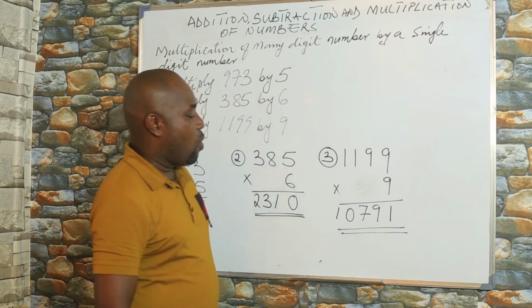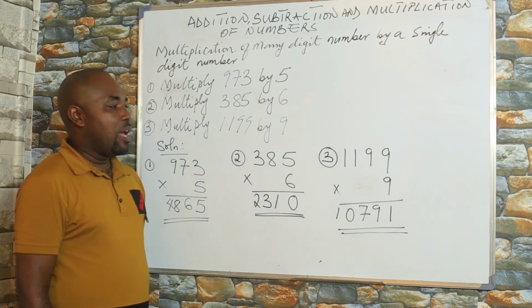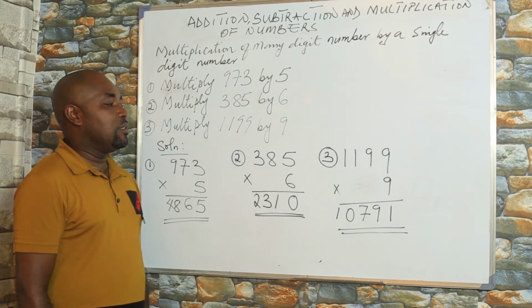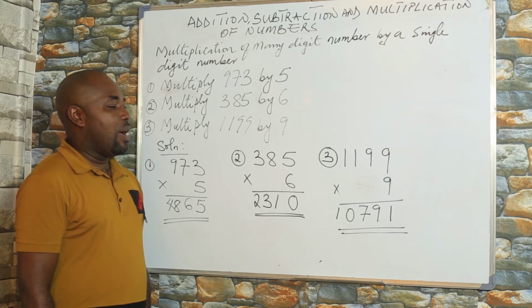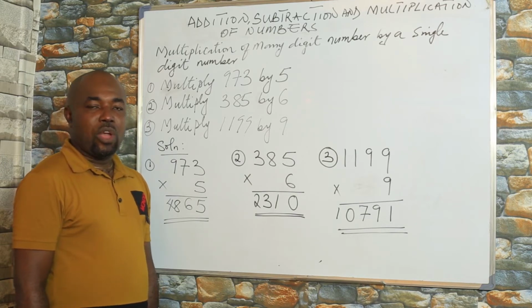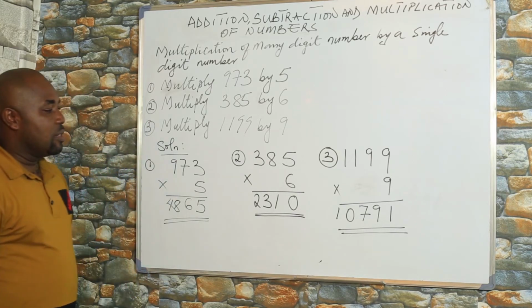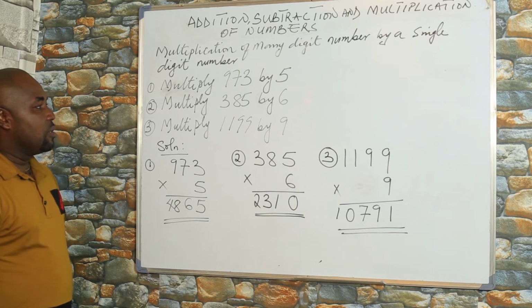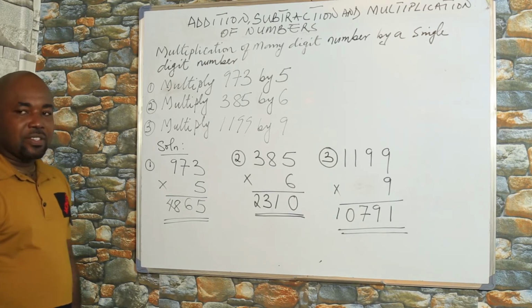So we have here 10791 as the product of 1199 and 9. So I want you to take down these solutions. We shall look at multiplication of many digit numbers by also multiple digit numbers before I give you an exercise to do.